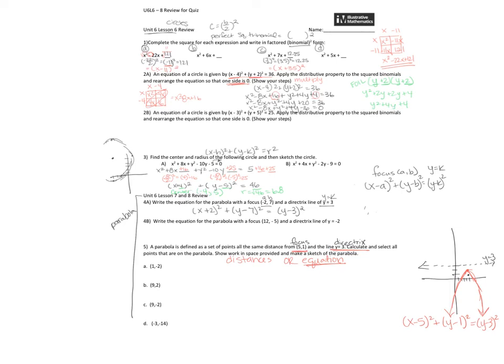So let's do number 1. Let's see if 1, negative 2 is on this parabola. So I'm going to plug a 1 in for my x and a negative 2 in for my y into my equation. So it's (1 minus 5) squared, plus (negative 2 minus 1) squared, equals, now this is a question mark, I don't really know if it's going to be equal.